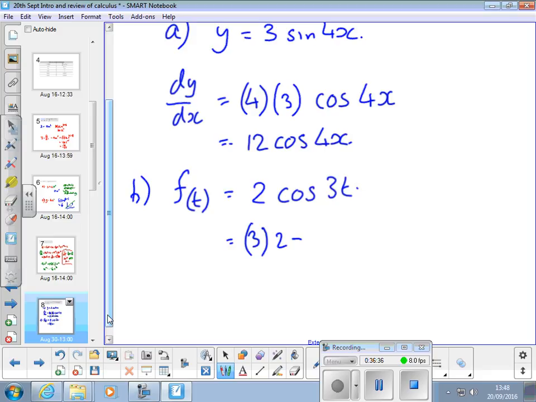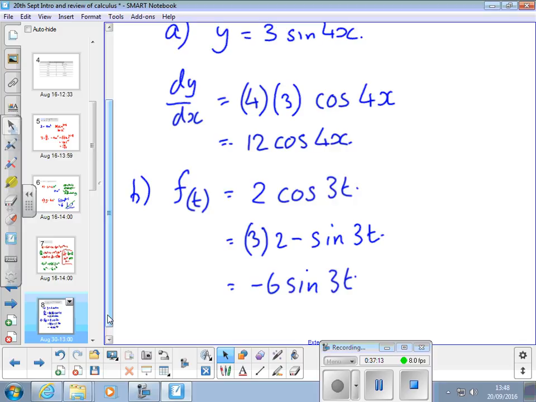Minus sine, isn't it? Yeah. Deliberate mistake again. 3t. And that therefore it is minus 6 sine of 3t. Yep. So now we can do power functions and sine and cosine functions. We can differentiate, and I'm pretty sure if I asked you to, you could mix the two now. Yep.